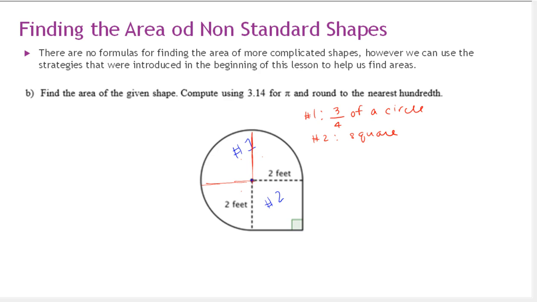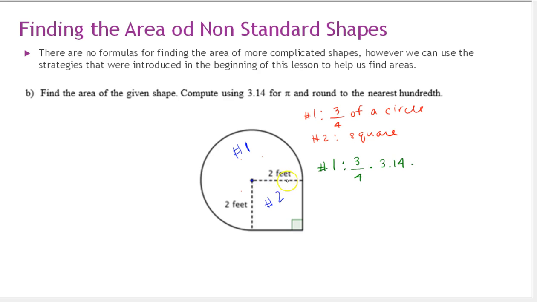First, I just want to get rid of this red part. This was the first piece we want to find. We're going to use the formula for the area of a circle, but we just want 3/4 of what the entire area would be, because that's the fraction we have. So 3/4 times pi, and they told us to use 3.14, times the radius squared.